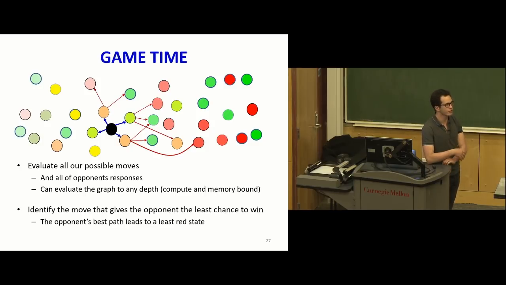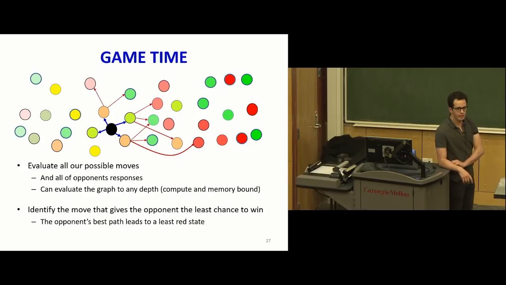It's the greedy choice, but it's highly unlikely that this is the best choice that you can make if you want to win. So where you actually want to go is to do the move that is going to give your opponent the smallest chance to win. But how would you actually know that?